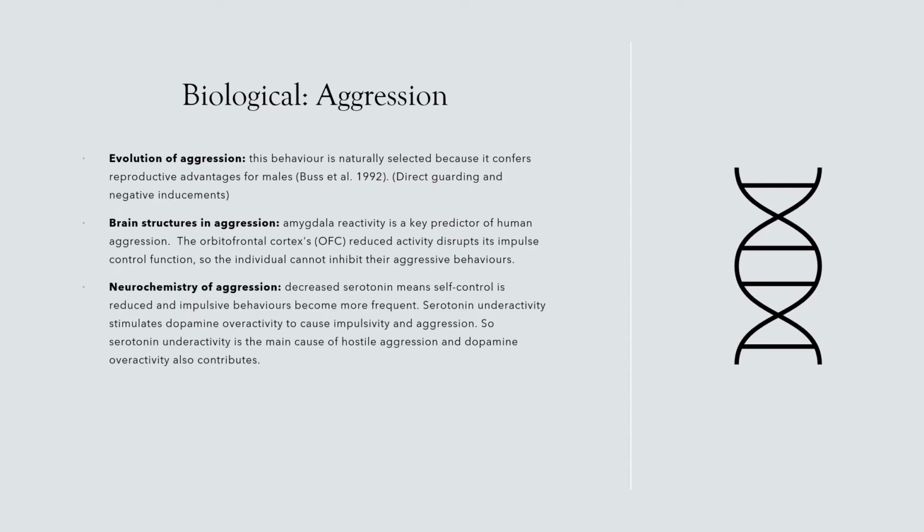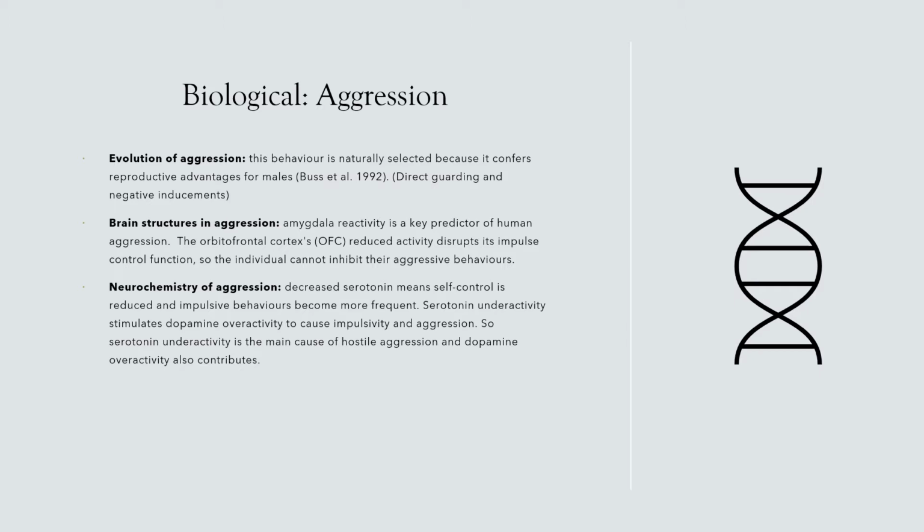And then we've got neuroaggression. So you looked at the neurochemistry of aggression. You looked at the decreased levels of serotonin and the increased level of dopamine that cause aggression. Decreased levels of serotonin means self-control is reduced and impulsive behaviours become more frequent.